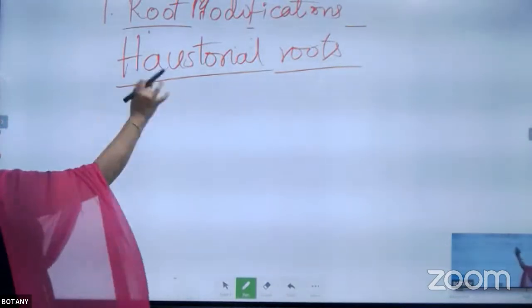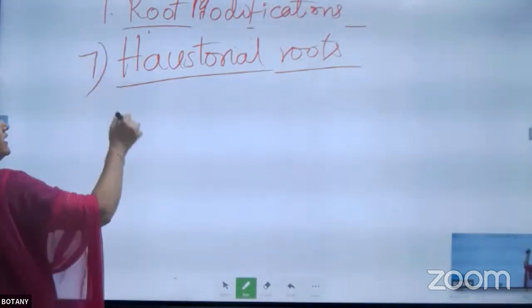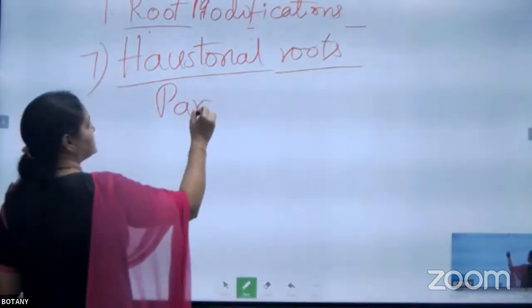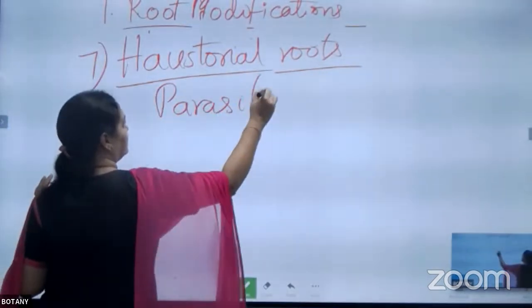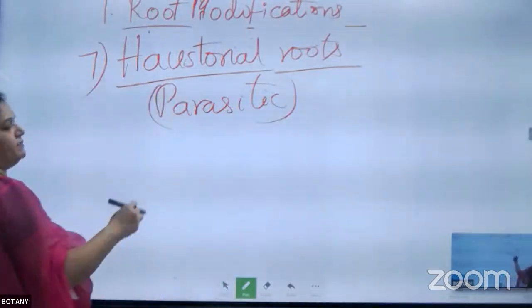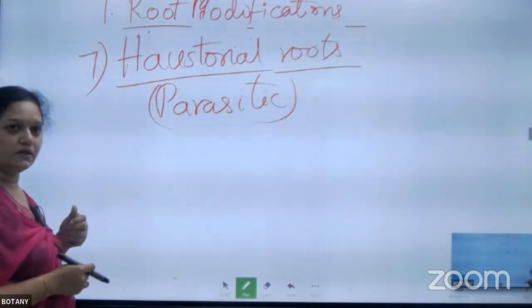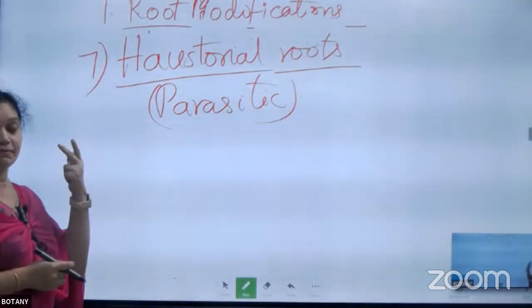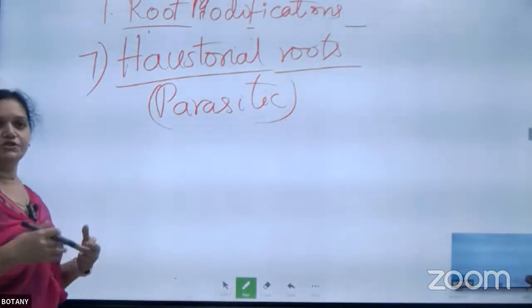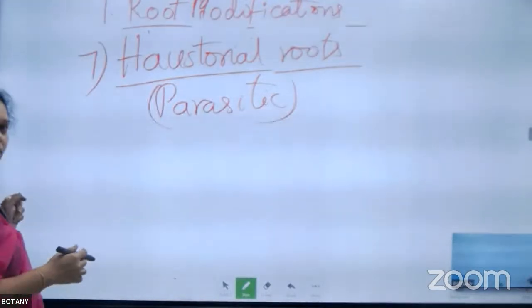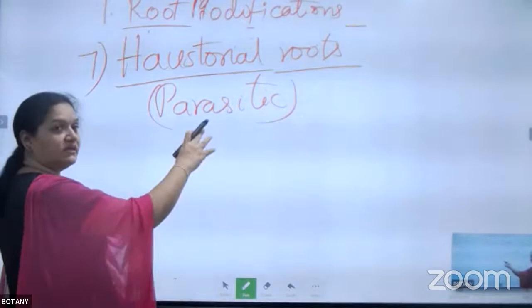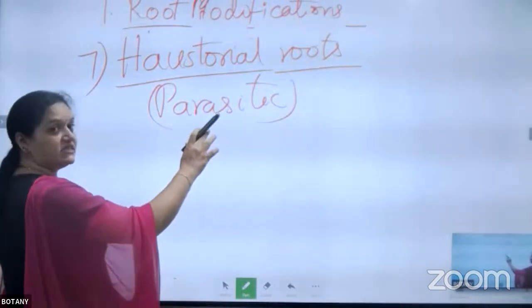That is called as the haustorial roots, or else we can say them as the parasitic plants. So what is meant by parasitic nature? Which will be present on some other plant for their food, shelter, or for both. That is called as the parasitic plants.